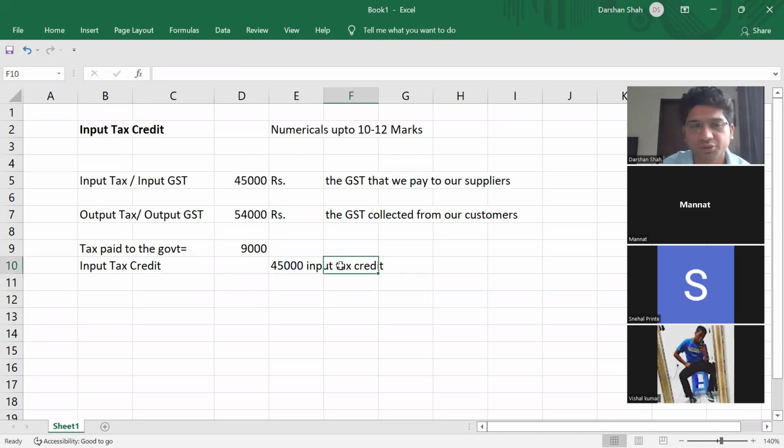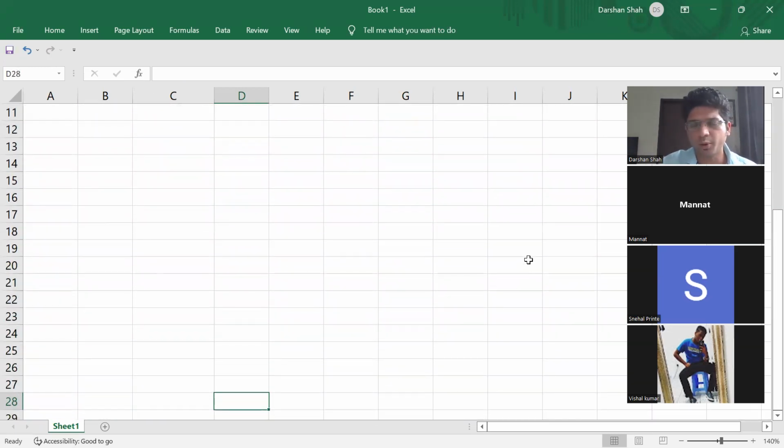I am allowed to deduct this input GST from the output GST that I collect. So I collect 54,000 from my customers, but I pay only 9,000 to the government. So this is the whole concept of input tax credit. This example we have taken a lot of times now. I hope you are clear with ITC, also called input tax credit.